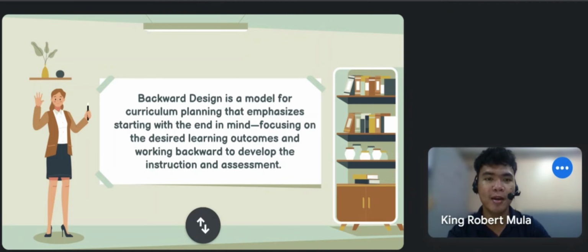You might start laying bricks, but without a plan, you're likely to end up with something unstable or unfinished. That's what happens when we plan lessons without first deciding what the learning outcome should be. So backward design starts with a clear destination and helps us build the learning journey logically and effectively.